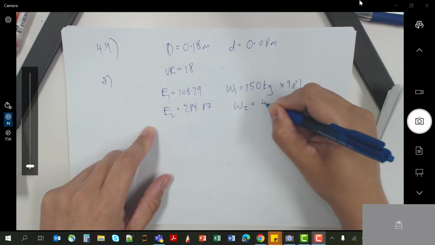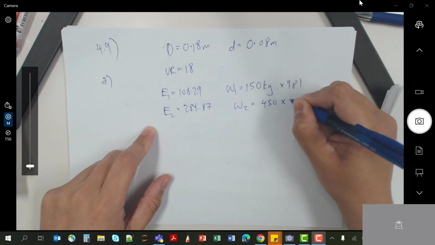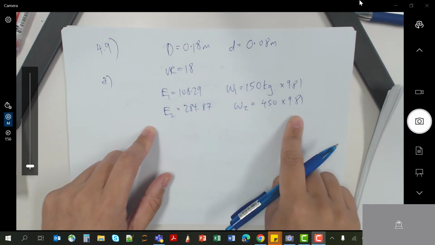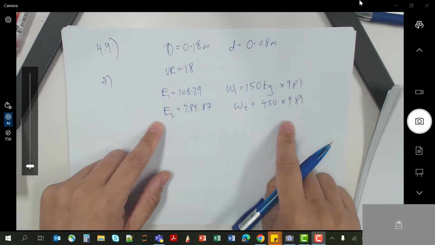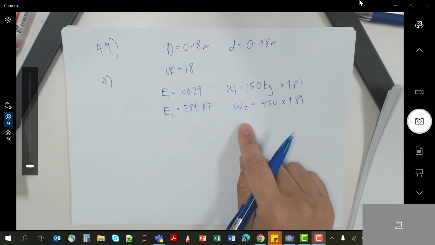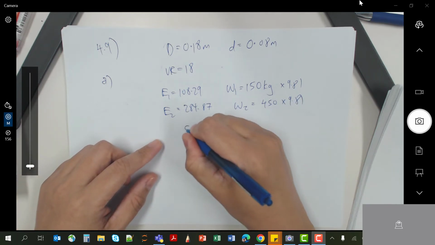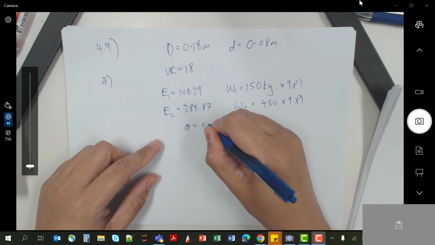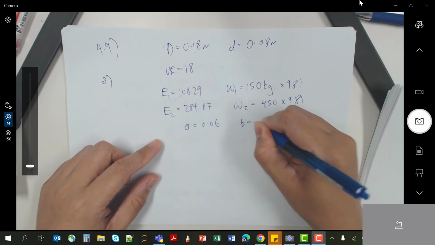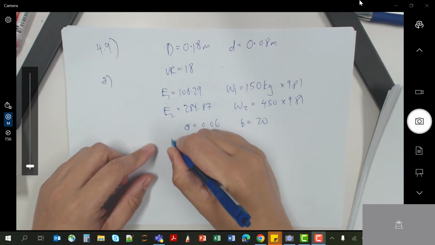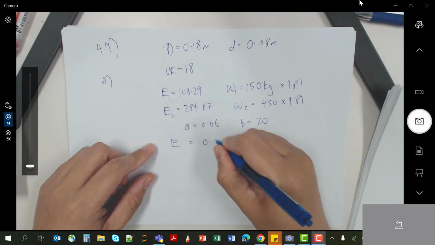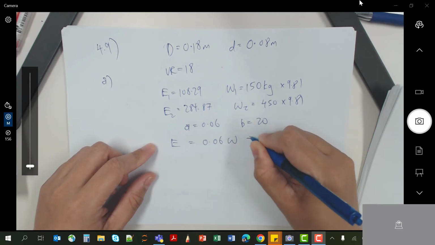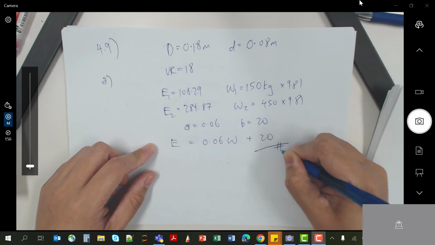Second load is 450 kilogram, times 9.81. Okay, I will leave you to do the simultaneous equation. You should get A is 0.06, B is 20. Okay, so E is equals to 0.06 W plus 20.